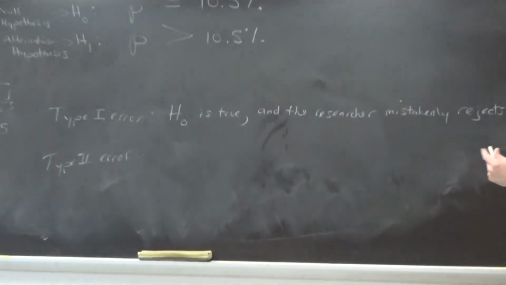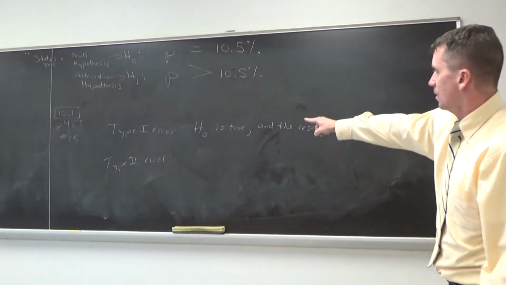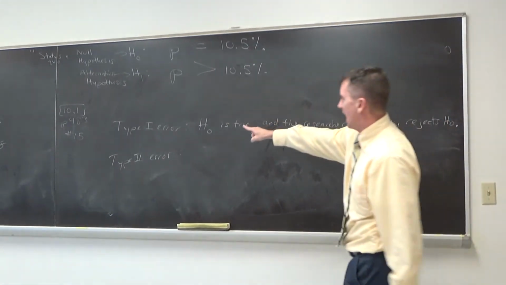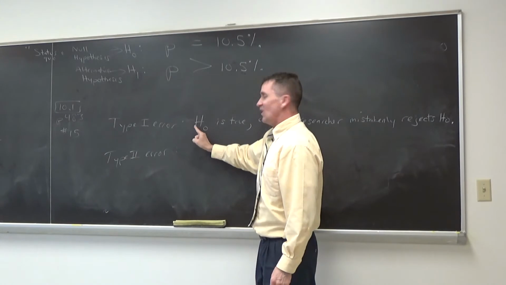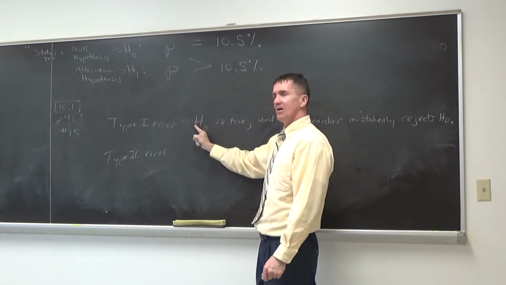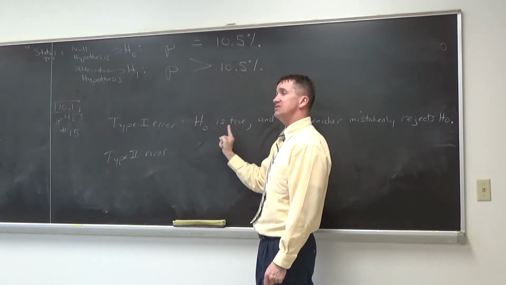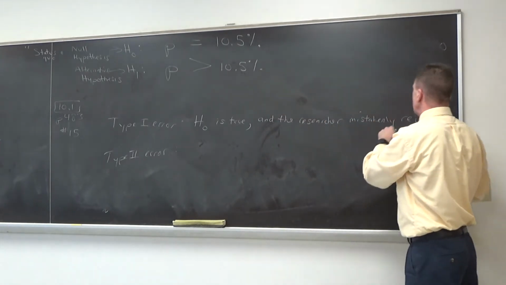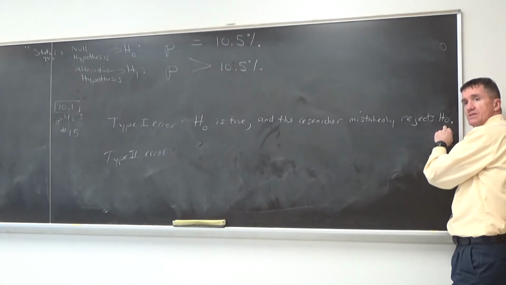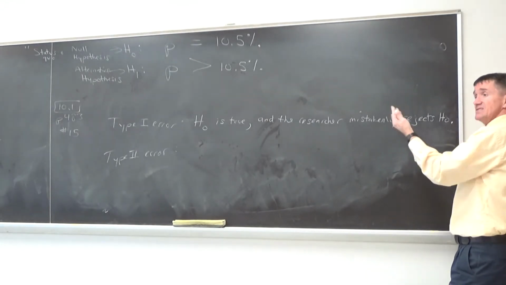I'll put it here. Let me repeat this because I know a lot of you are copying this. What's a type 1 error? It's when the H sub 0, the null hypothesis, is true, but the researcher does a hypothesis test and mistakenly rejects the null hypothesis. So that's the type 1 error.